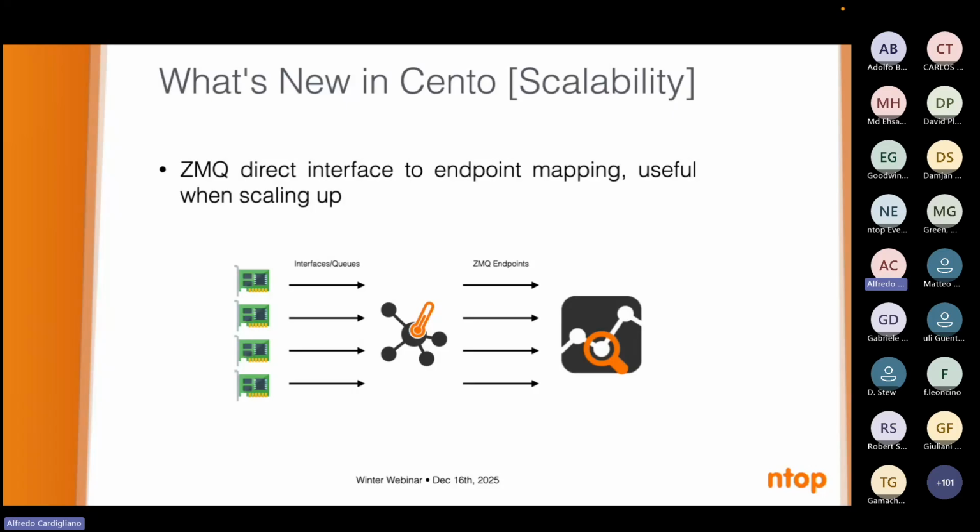Now, nProbe Cento used to process this traffic with multiple threads, but then aggregate all the exported flows to a single ZMQ endpoint for delivering to the collector like ntopng. Another option was to aggregate those flows and then load balance them to multiple ZMQ endpoints.